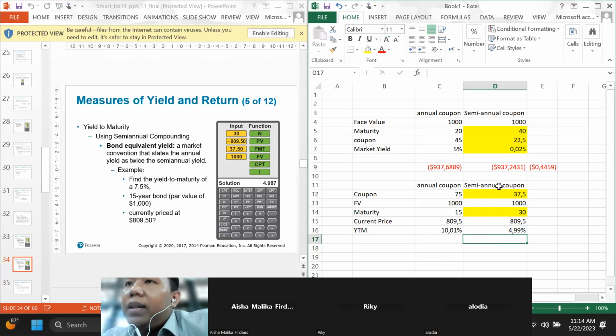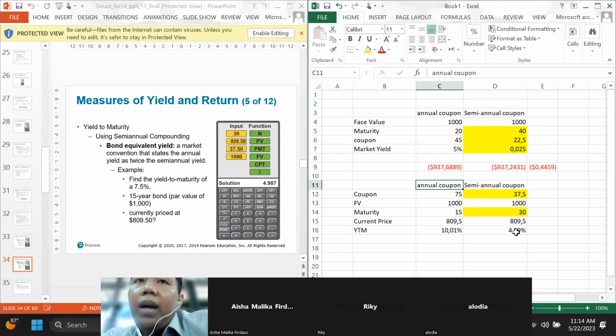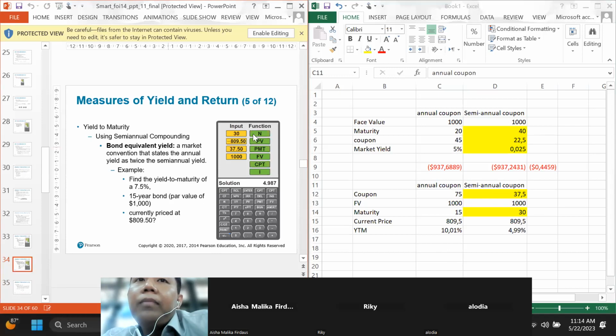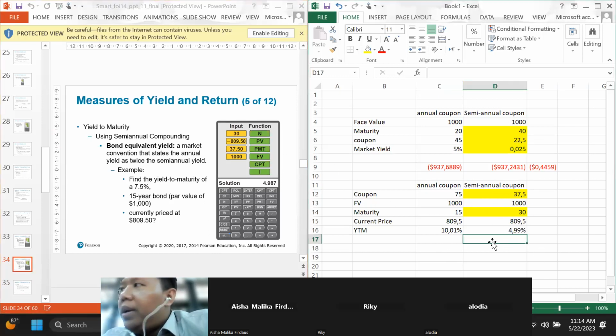So we have quite a difference here. This is the annual coupon payment versus the semi-annual. If our investment is in a semi-annual manner, over a longer period, we will get around 4.99%.